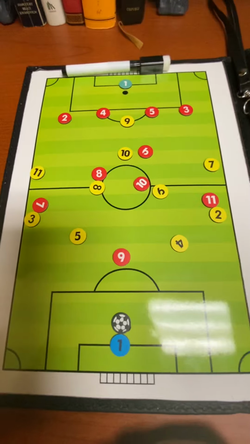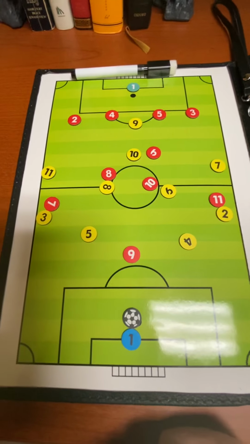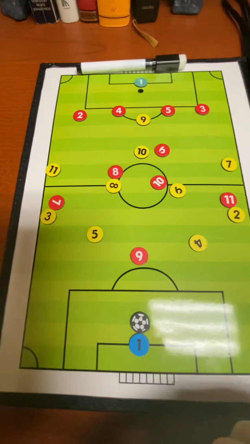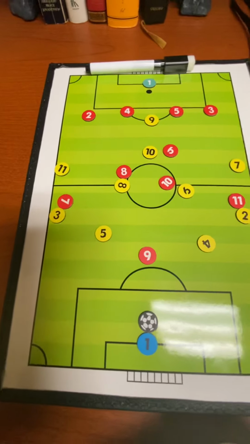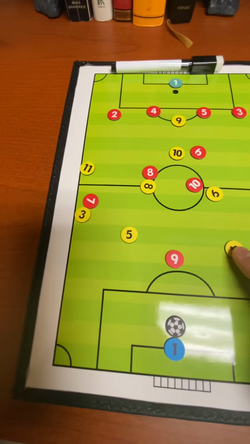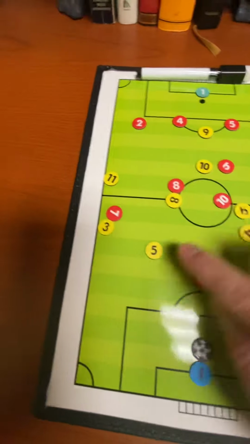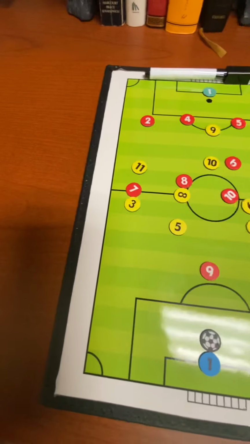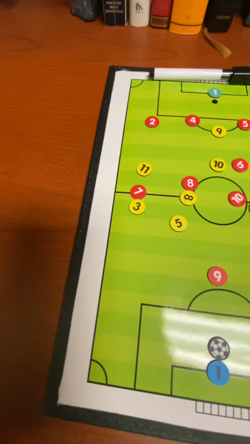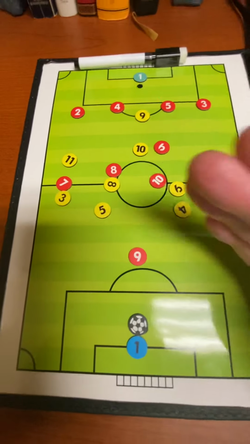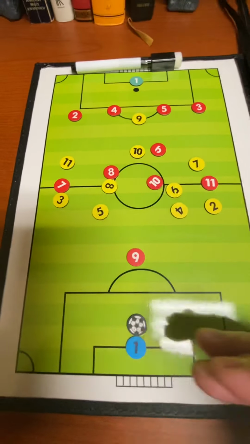Now, from there, I think first, actually, you could read and see what yellow does, okay? At that point, do they all get up and in for the keeper to punt it, okay? Which maybe indicates that yellow is not comfortable playing out of the back.